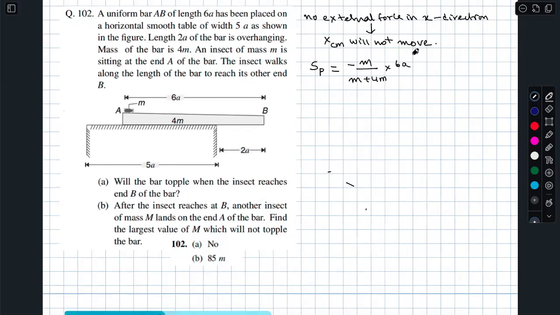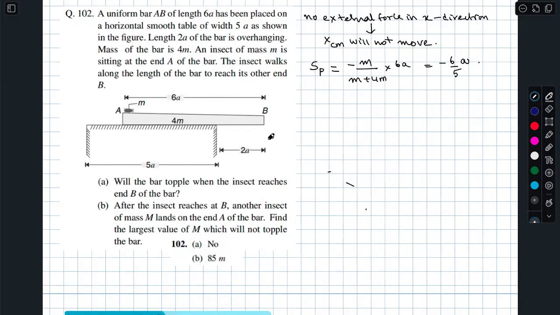So the displacement of the plank is nothing but minus 6a by 5. The minus sign indicates it moves leftwards.